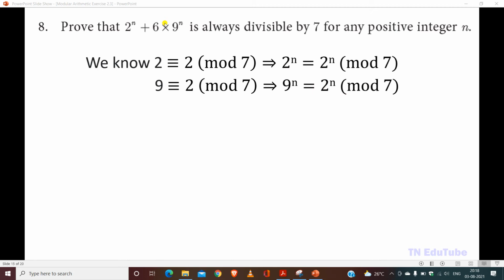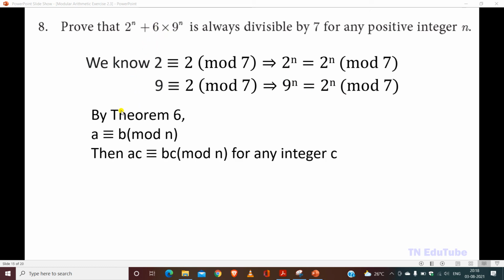Now here we get 2 power n and 9 power n, isn't it? Here 6 is there. That also we know by the integer multiplication theorem 6. Theorem 6 we can multiply like this, isn't it? On both sides you have to multiply it. So 6 into 9 power n is congruent to 6 into 2 power n mod 7.